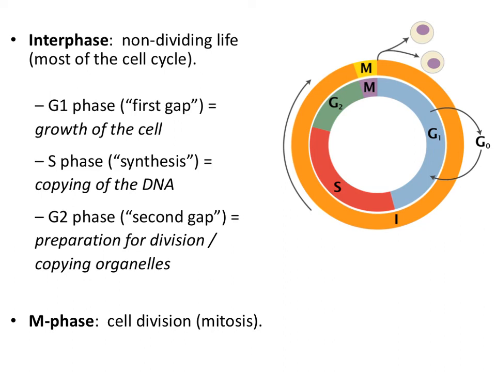G1 is also called gap 1, and the point of gap 1 is to just grow and do normal cell activities. S phase stands for synthesis. This is when I will copy the DNA so that I can replicate the cell. And then in G2 or gap 2, I'm preparing to divide, copying all of the organelles for division. Lastly, I've got M phase or mitosis, which is the actual cell division.